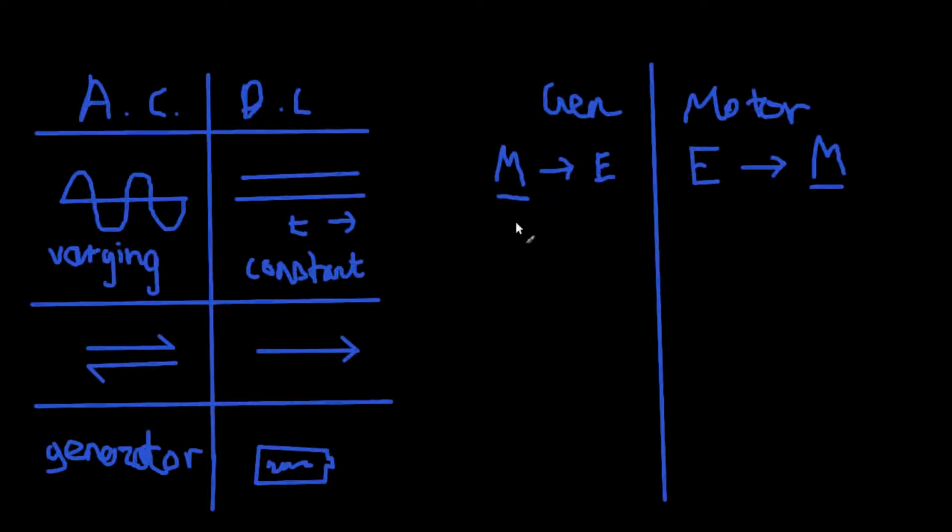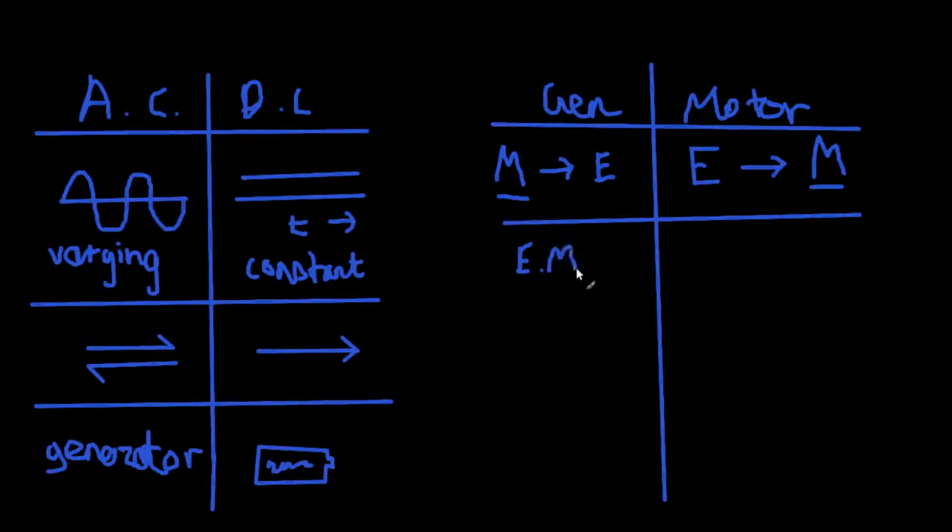That's a major difference. Another major difference is the principle that the two work on. The AC generator works on the principle of electromagnetic induction. I think you all know this. And the motor works on the principle of the Lorentz force.